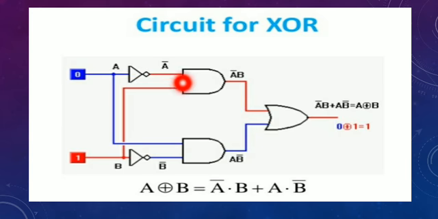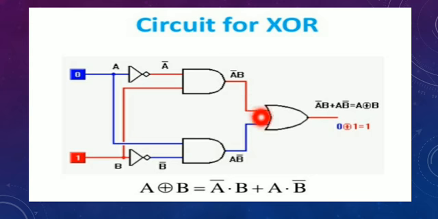Two inputs: one is B, another is input A bar. Therefore, the output is A bar into B. At the same time another AND gate has B bar and A, so A into B bar.